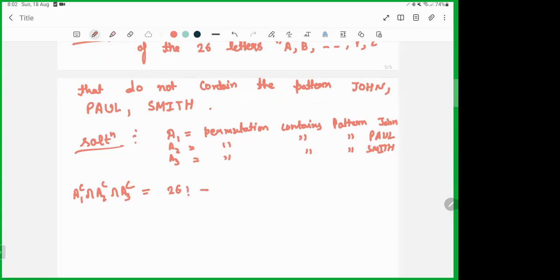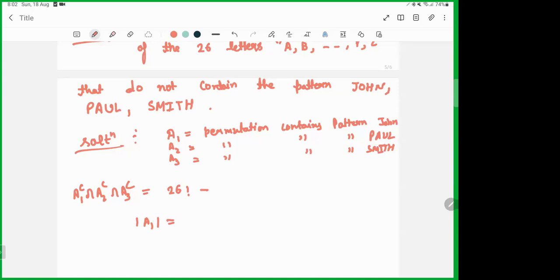Then you are removing the cardinality of A1. What is the cardinality of A1? You have four letters fixed and the remaining 22 can be anything, but these four letters you can treat as one word.